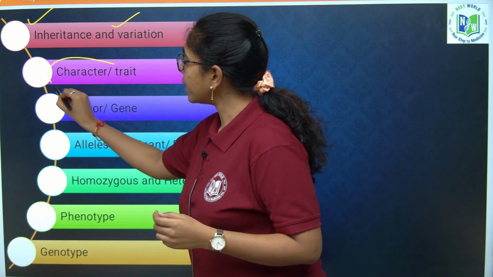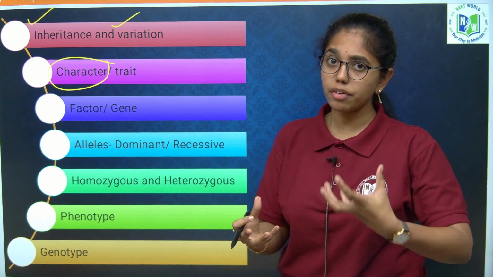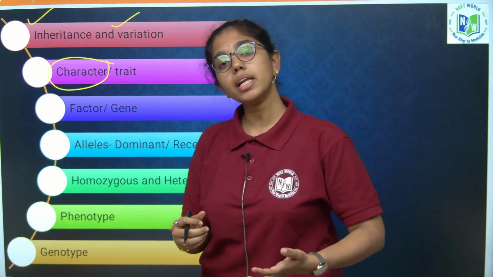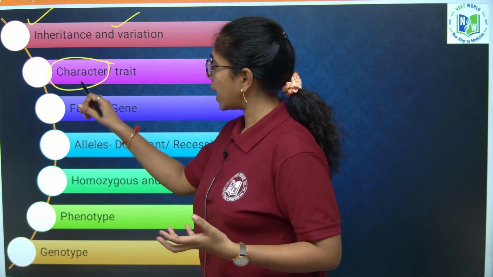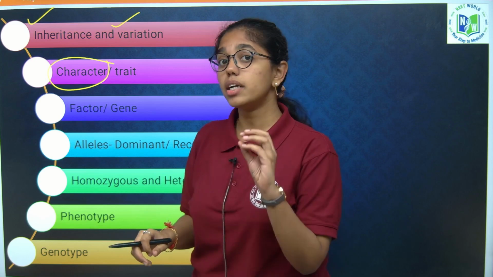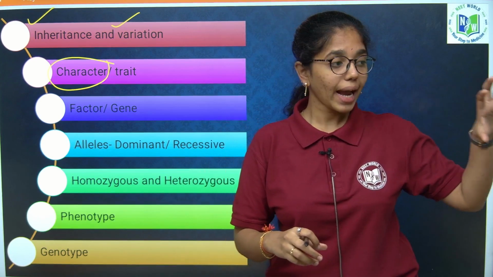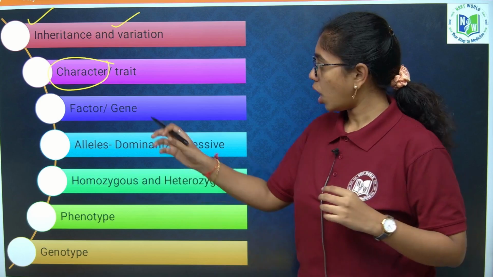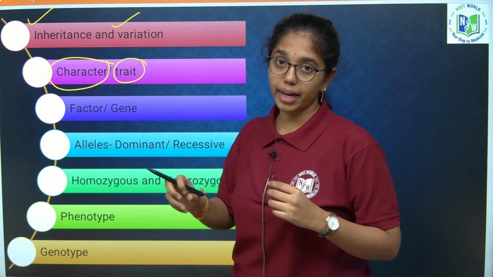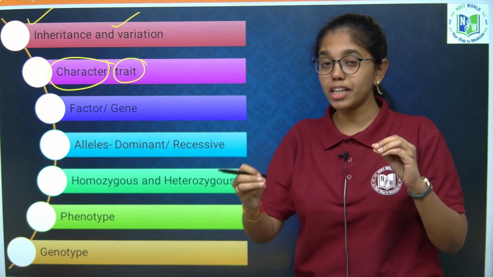What is a character? Character is any feature of an organism, be it skin color, height, or eye color. All these are characters. Trait is the distinguishable feature of a character. For example, height is a character, and the trait is either tall or dwarf. Or else you can define trait as the character which is transferred from parents to offspring.